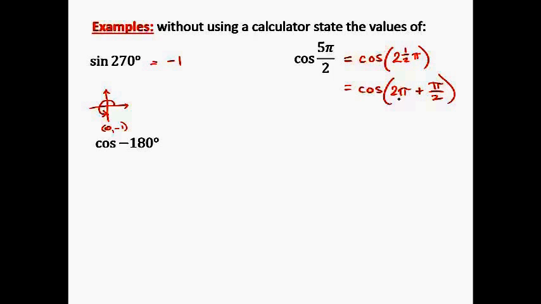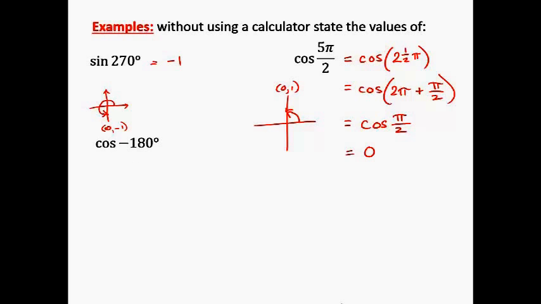Now we know though that the cos of 2 pi plus any angle is just going to be equal to the cos of that angle. In this case, pi over 2. So pi over 2 we know is 90 degrees. So the cos of 90 degrees, or pi over 2, is going to be equal to the x-coordinate at that point. That's the point (0, 1). So the cos of 90 is going to be equal to 0.